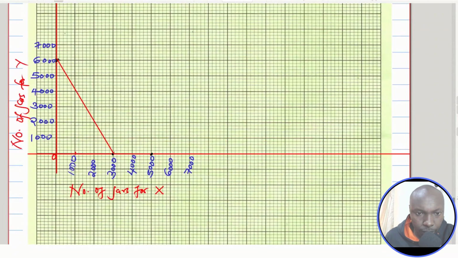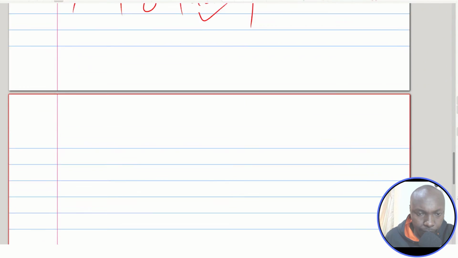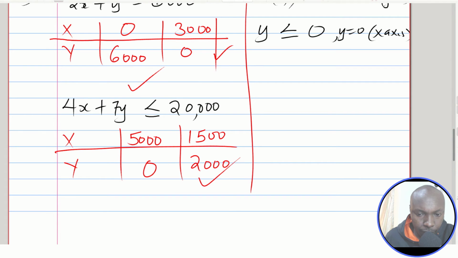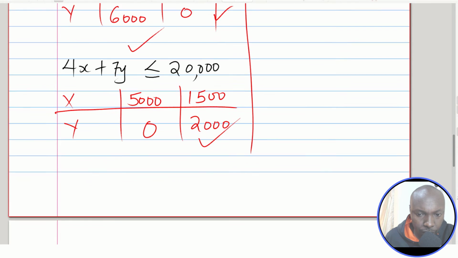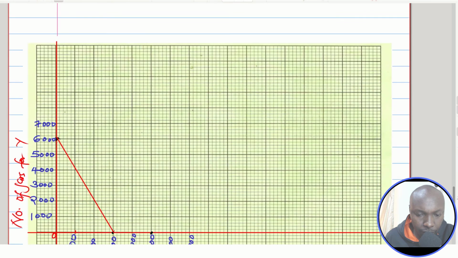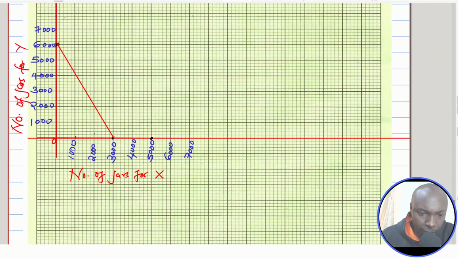And then we have 1,500, 2,000. 1,500 is in between here, then 2,000 will be somewhere there.